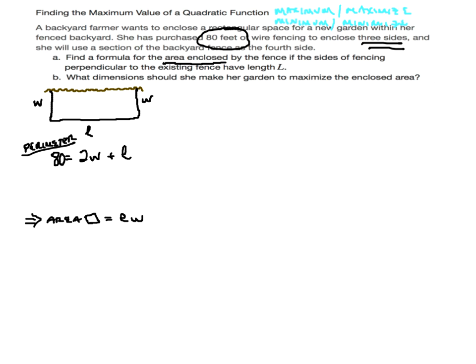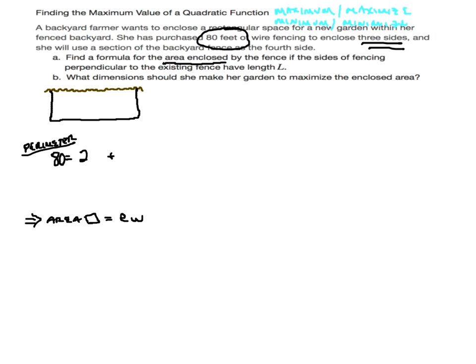Find the formula for the area enclosed by the fence if the sides of fencing perpendicular to the existing fence have length L. Okay, actually the way they have the problem set up, and it's not wrong the way we set it up, but it's best to follow what they've said.